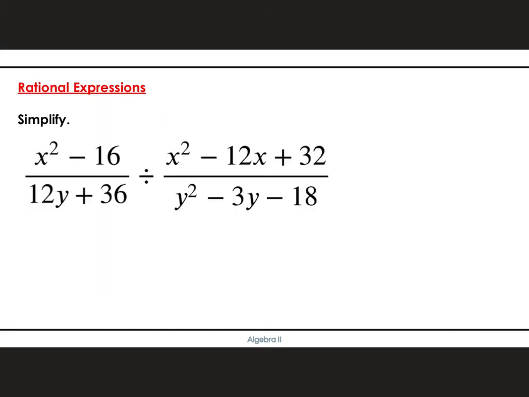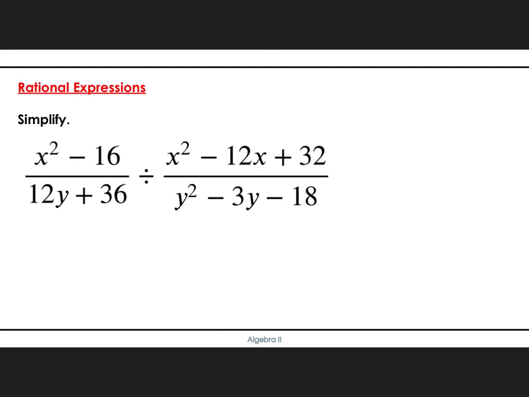All right, so when I look at this one, the first thing that I want to do is factor it so that I can come up with possibly, hopefully, something to eliminate.